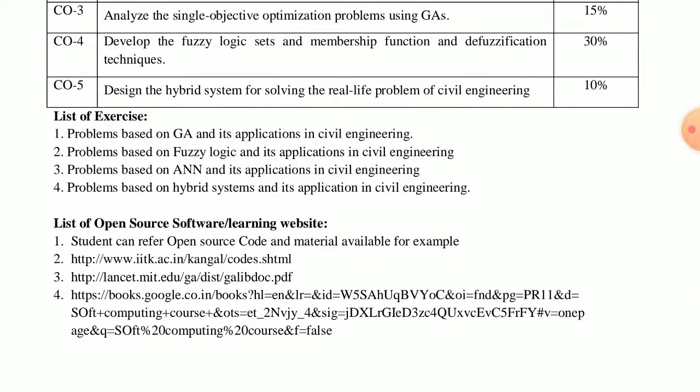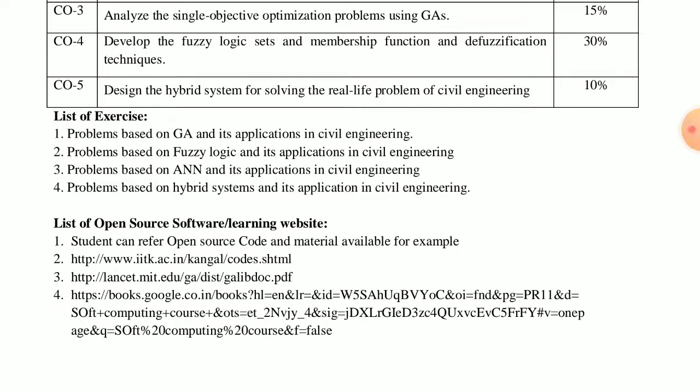Now our list of exercises is given, like problems based on genetic algorithm and its application in civil engineering. We can find problems based on genetic algorithm. Genetic algorithm has many problems, and we can take some problem and use its application in civil engineering.